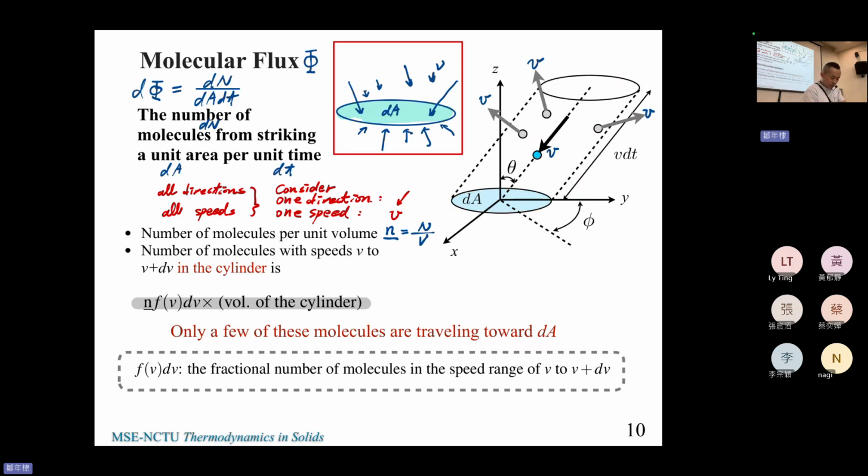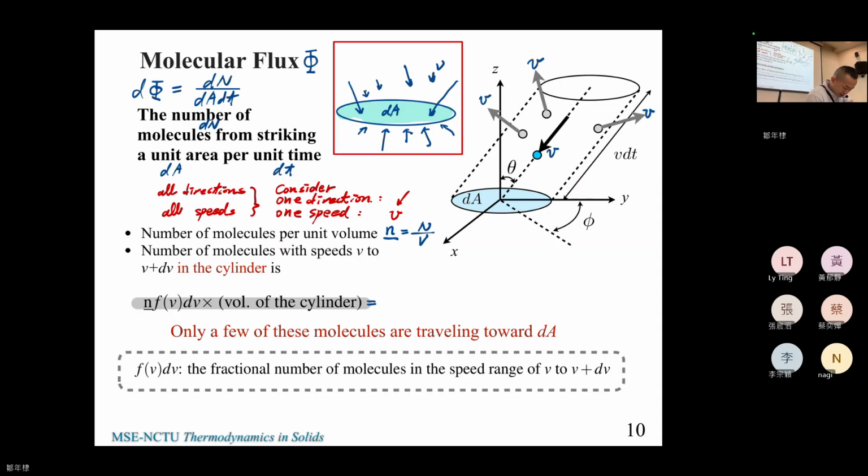So n is the number of molecules per unit volume times the velocity probability f(v) times the volume of the cylinder. But this considering all directions is not what we want at this moment. So continue.